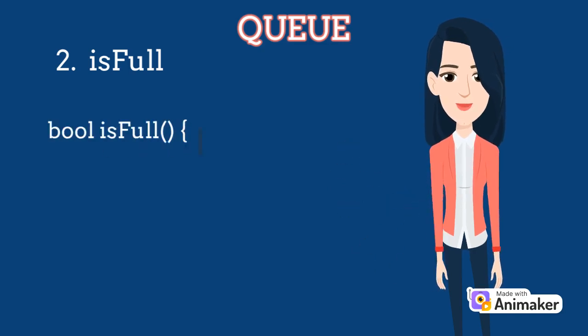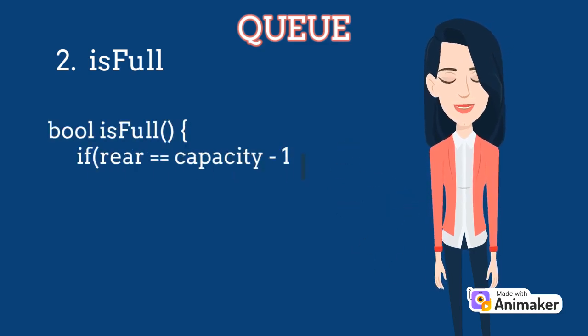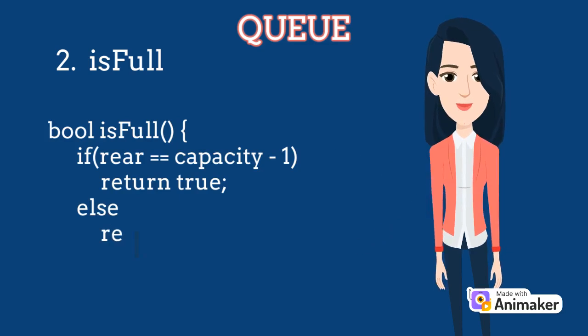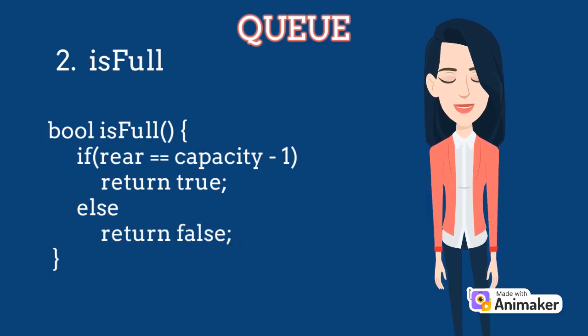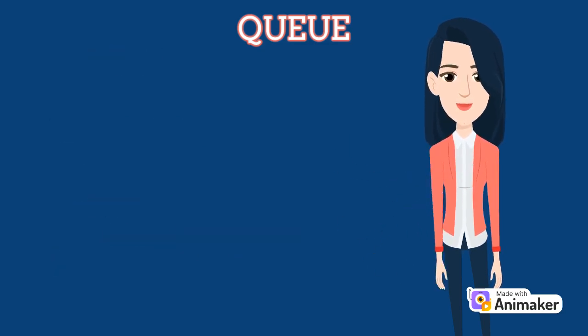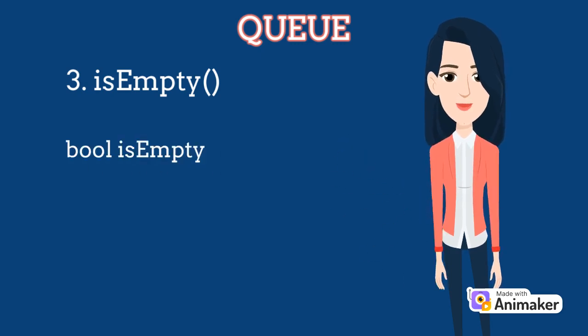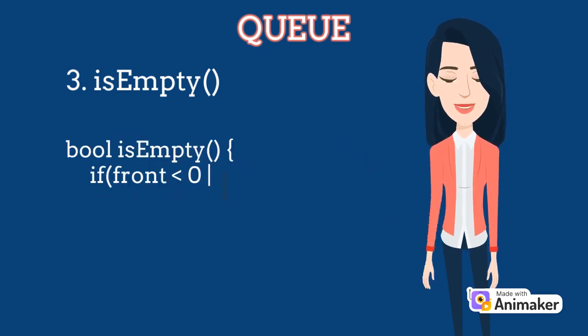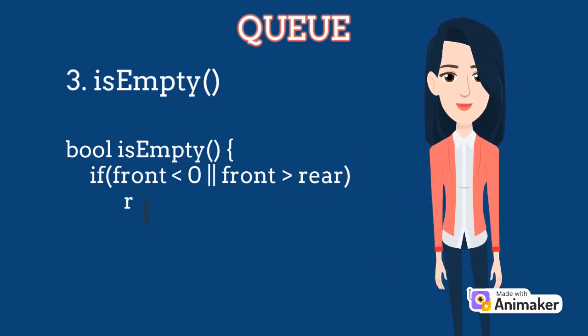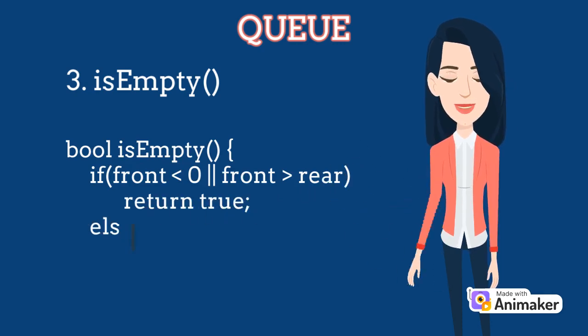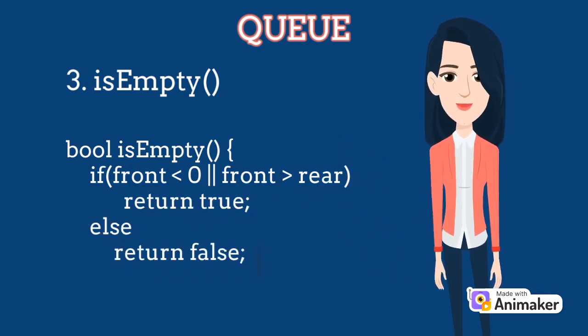This is the sample code of the isFull method, which returns true if rear value equals capacity - 1. Last one is the isEmpty method, which is used to check if the queue is empty or not. This is the sample code of the isEmpty method of queue in Java. This method returns true if front value is less than 0 or front value is greater than rear.